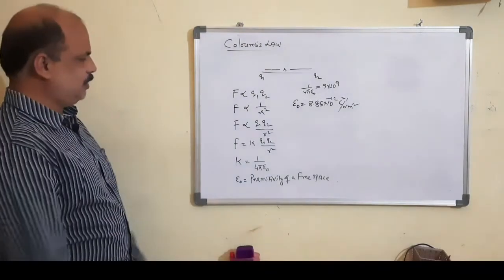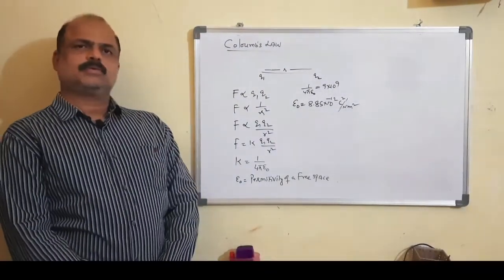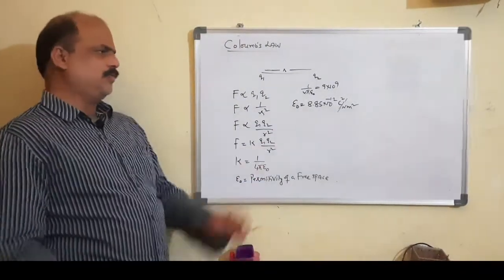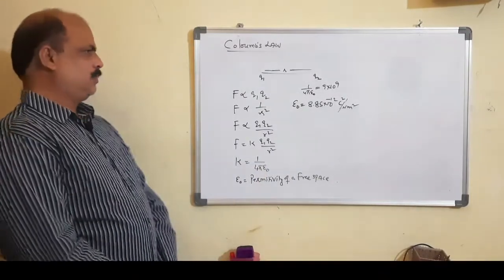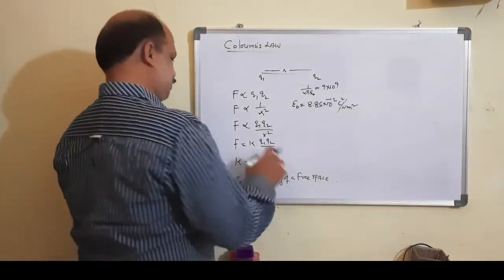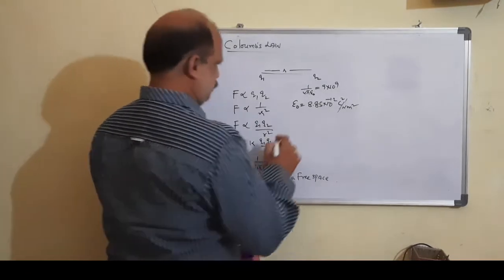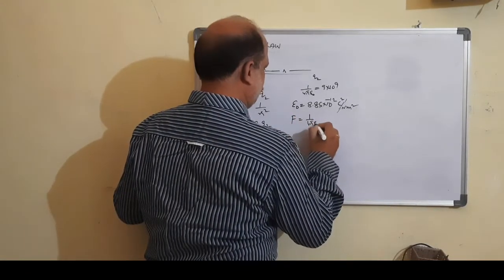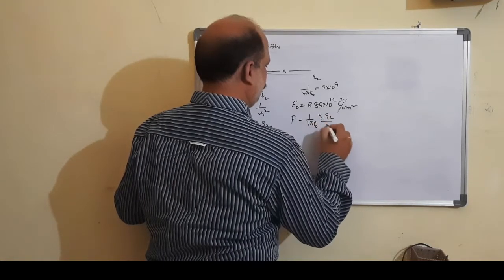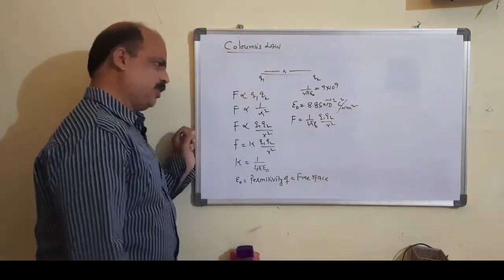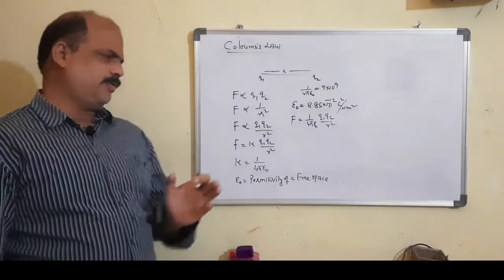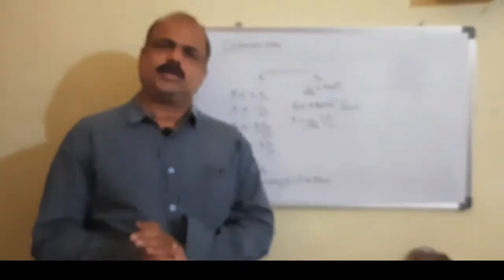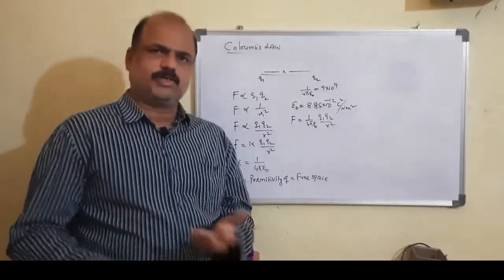So this is the value of epsilon naught. This is the expression for the force: F is equal to 1 by 4 pi epsilon naught Q1 Q2 by r square. This is the electrostatic force between the two charges when they are separated in air or vacuum or free space.